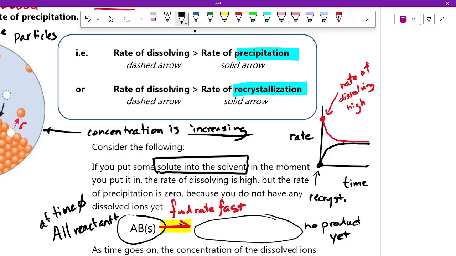At that point, these should actually be overlapping, but it's hard to draw them overlapping. At that point, we have reached equilibrium. What can we say about the solution? The solution is saturated.